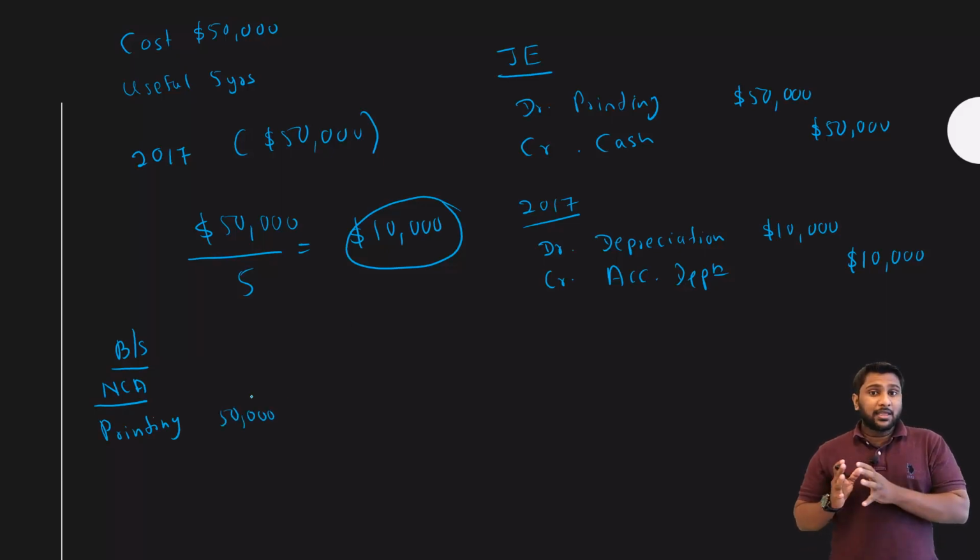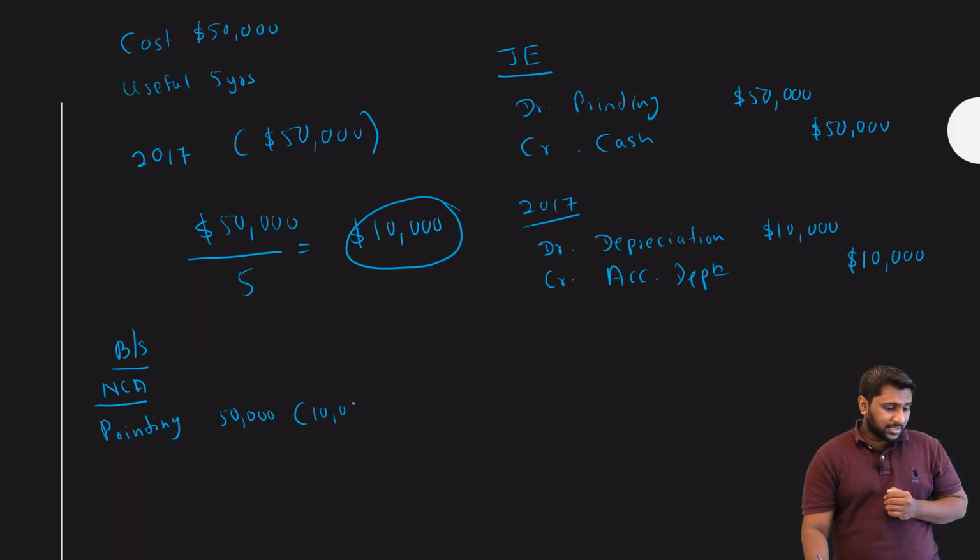And there will be another column to show the reduction of your accumulated depreciation. As of now, when the year 2017 is over, how much depreciation have you done? You have done a depreciation of 10,000 US dollars. So at the end of the year, what's the value of the asset? It is 40,000 US dollars.